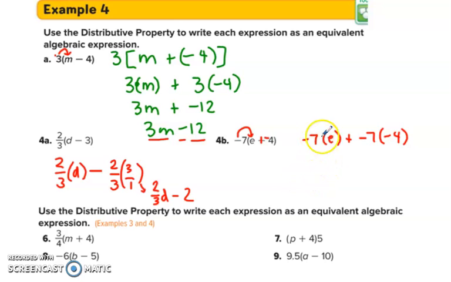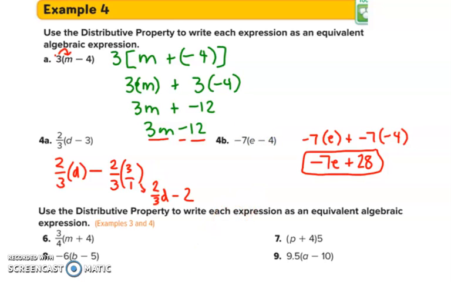Okay, so I'll go ahead and clean this up. This is going to be negative 7e. Okay, and then now look at this. Negative 7 times a negative 4 is going to be a positive 28. Positive 28. That's it, right there.